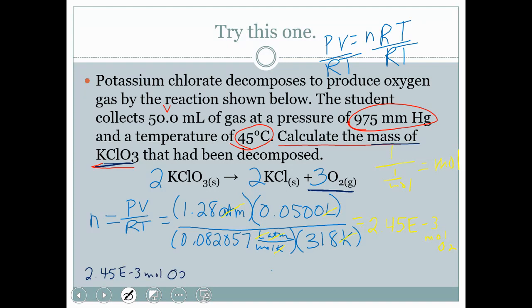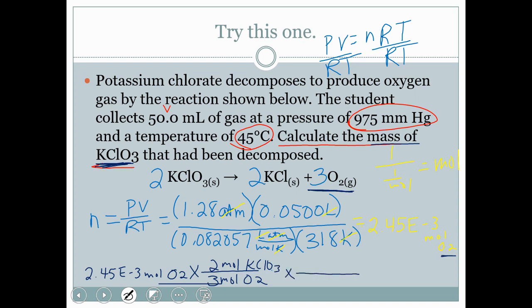This is the step that a lot of times people will miss on WebAssign or like a quiz or a test. They'll find moles and then they'll just convert moles to grams, but this is moles of oxygen and we're trying to find the mass of KClO3. So we do need to use that 3:2 ratio. 3 moles of oxygen for every 2 moles of KClO3.